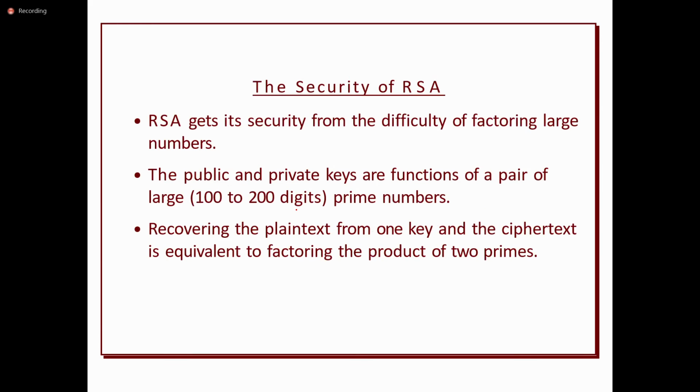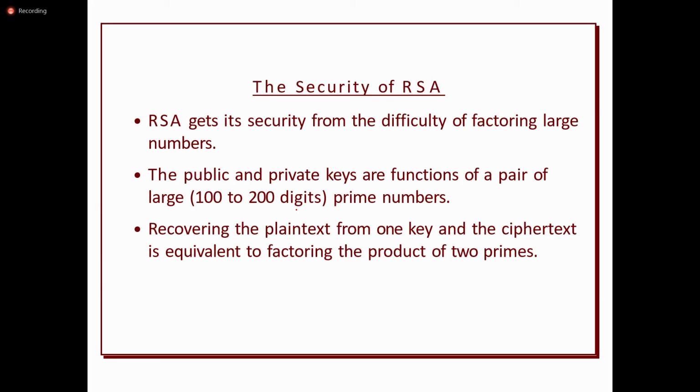Now the security of RSA. We know that one can break DES by applying generic attacks or non-generic attacks, if the opponent knows the design structure of the algorithm. So what about the RSA algorithm?